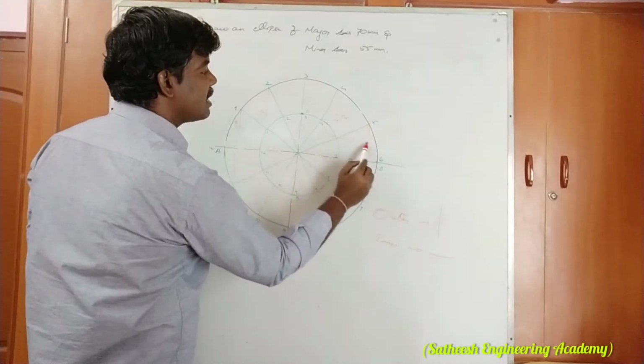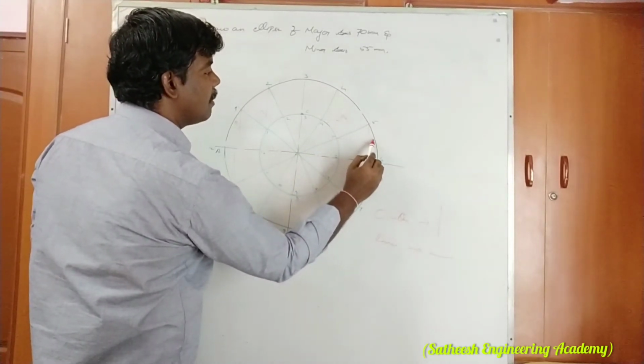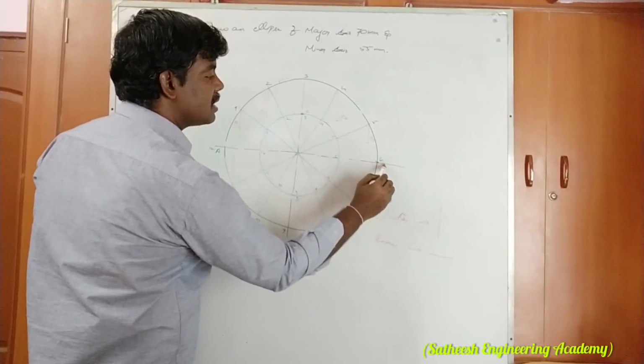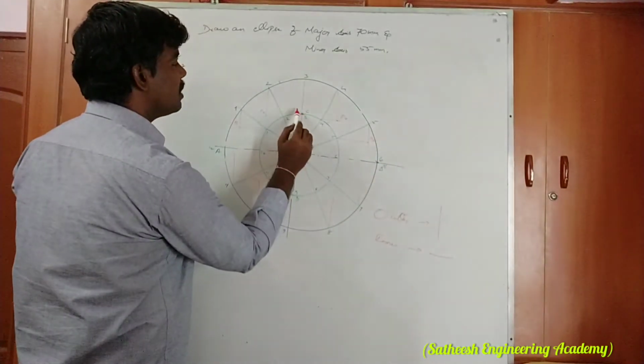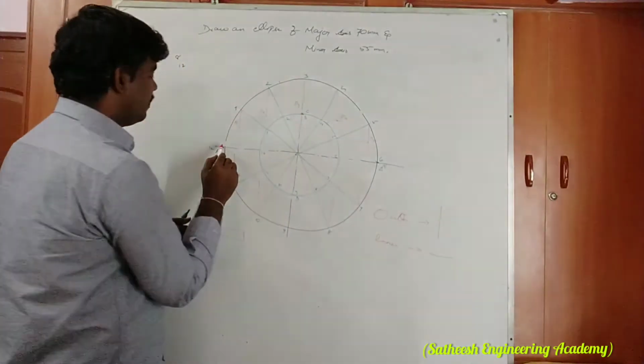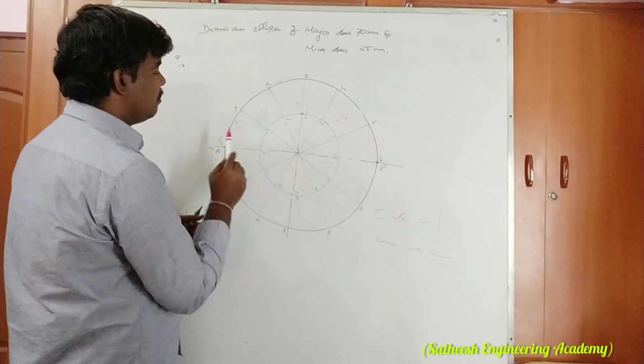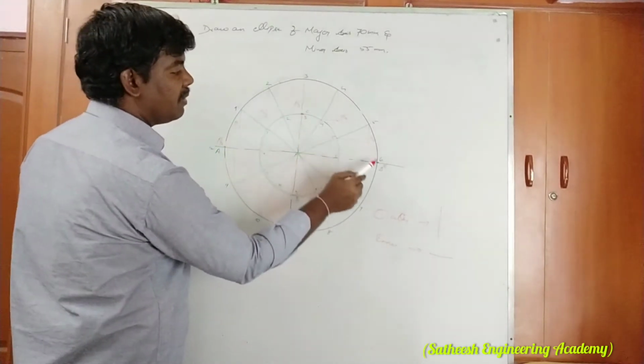Next from 5 horizontal line, P5. From 6 already the major axis, it is P6. So this one is P3. First one we are missing, P12. P12, P1, P2, P3, P4, P5, P6.